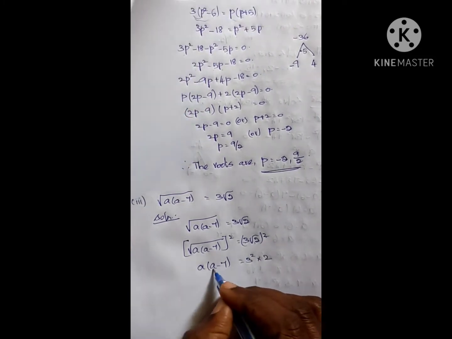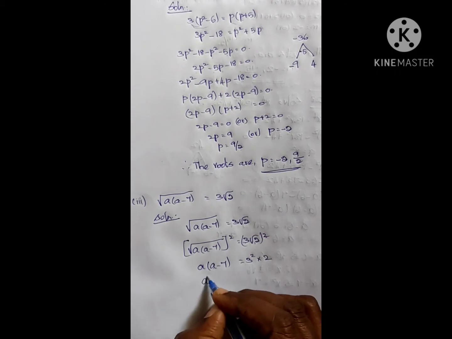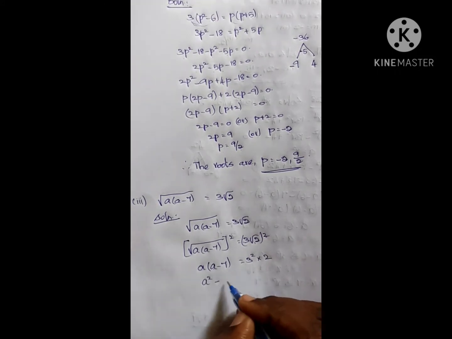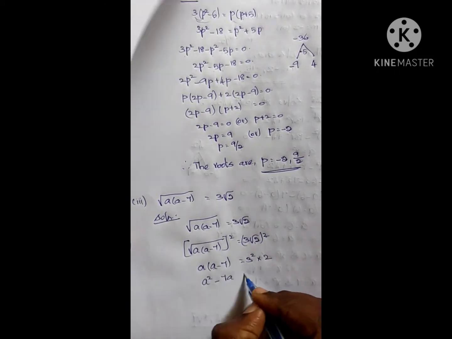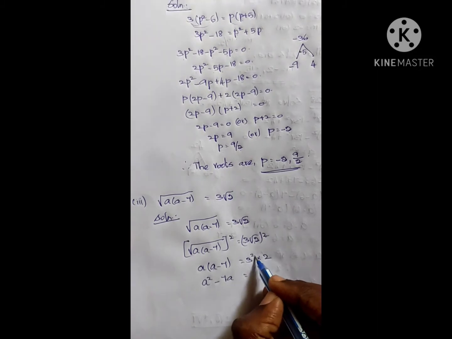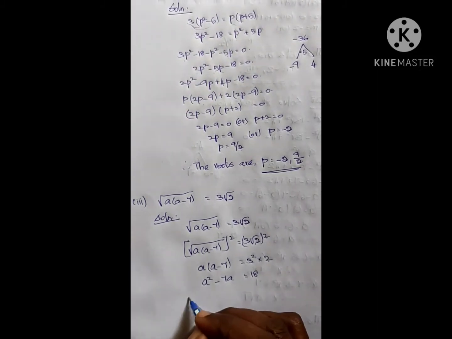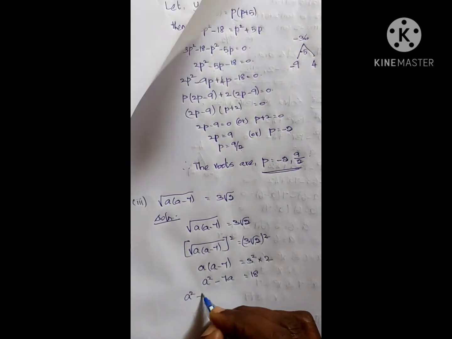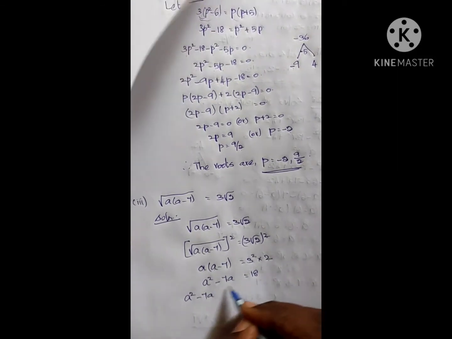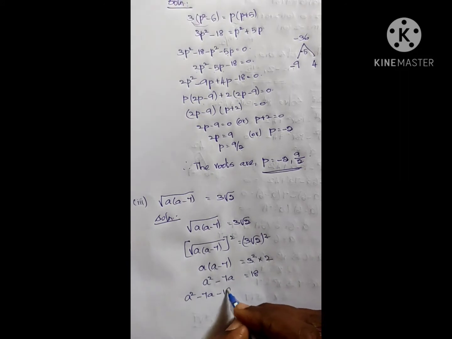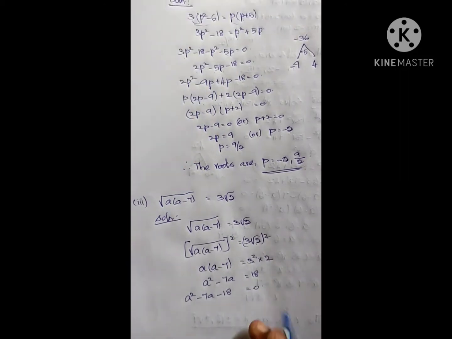So this is a into a, a square, minus a into 7, 7a, equal to 3 square is 9, 9 2s are 18. So this is a square minus 7a. When this 18 comes this side, minus 18 equal to 0.